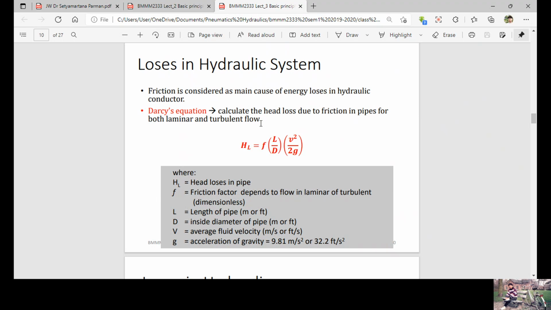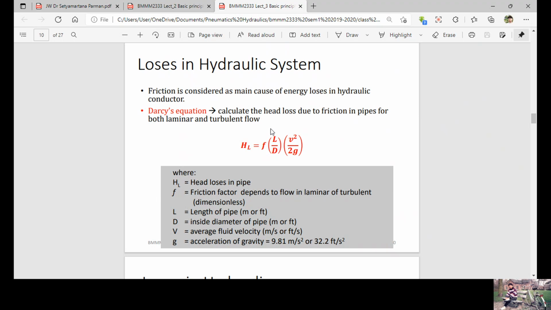So the expression is HL equal to F multiplied with L over D multiplied with the square of V over 2G. Here, HL is the head loss in the pipe, and F is the friction factor. It depends on whether the flow is laminar or turbulent, and F is dimensionless.